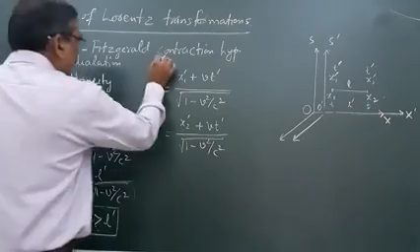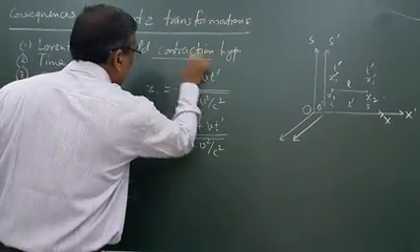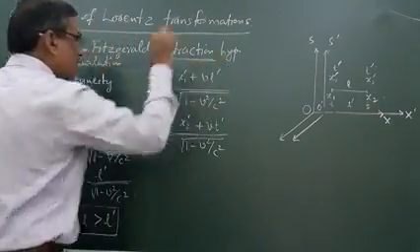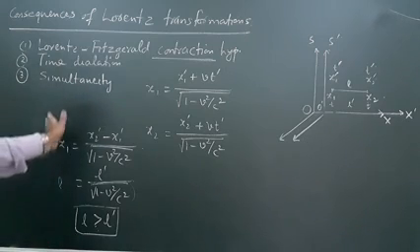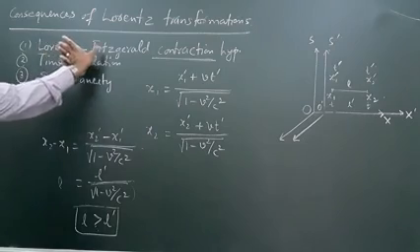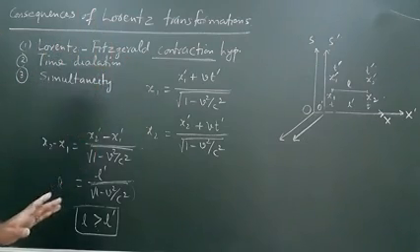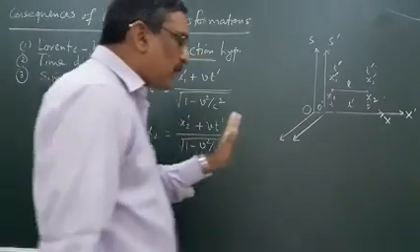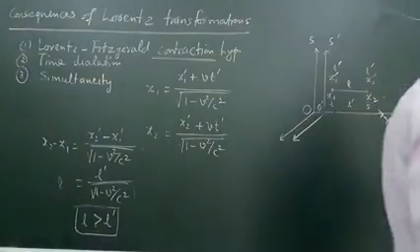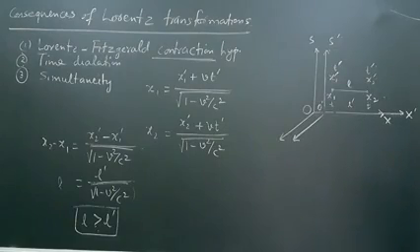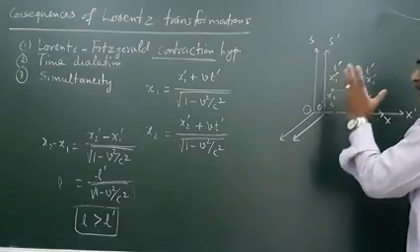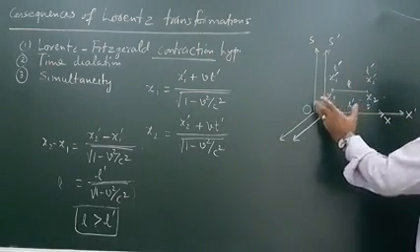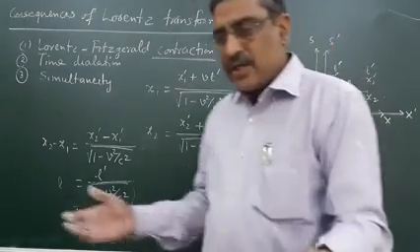Meaning a contraction in length appears. This phenomenon was studied by Lorentz and FitzGerald, and they found that the length of a moving rod always appears to be less than in the first frame. Always less.